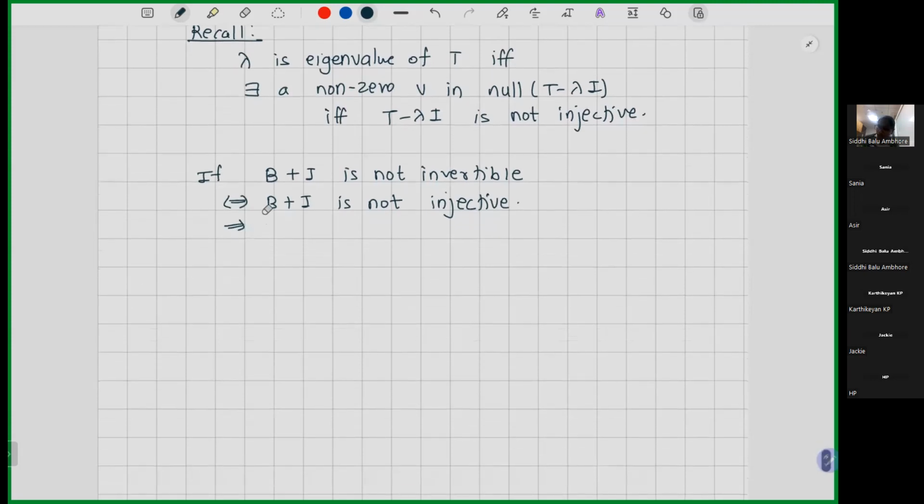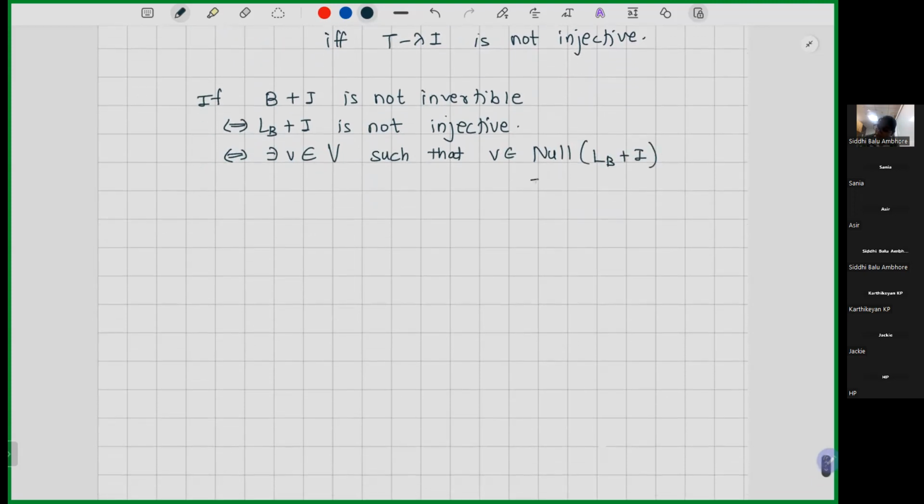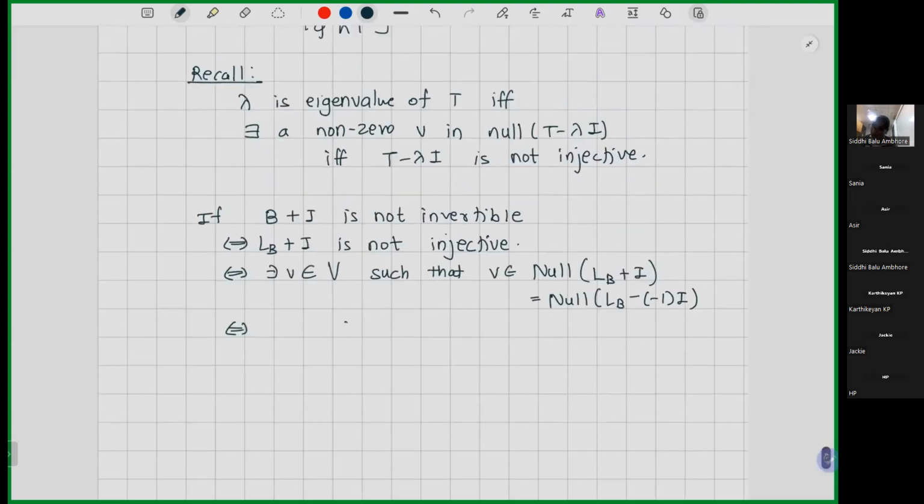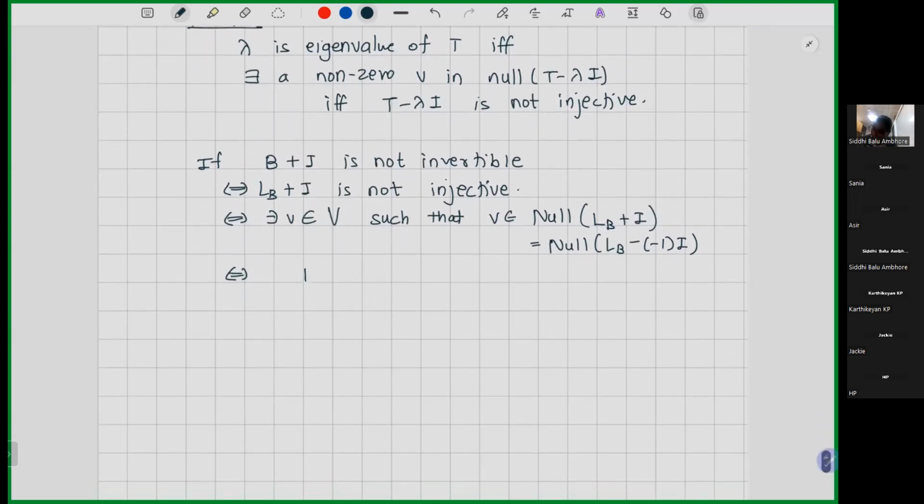So this will imply what? This L_B, the corresponding linear transformation, will imply that there exists V in the vector space such that V belongs to the null space of L_B plus I. Okay, and I can just write this as the null space of L_B minus (-1) I. So this will imply that L_B minus (-1) I is not injective.